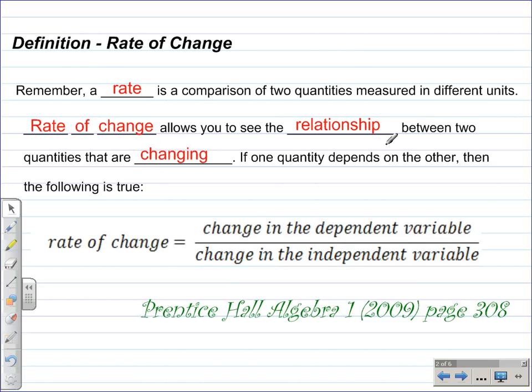I'm going to show you something. These words, change in, you can use a triangle to represent. We could write this as the change in the dependent variable over the change in the independent variable. That triangle is the Greek letter delta.